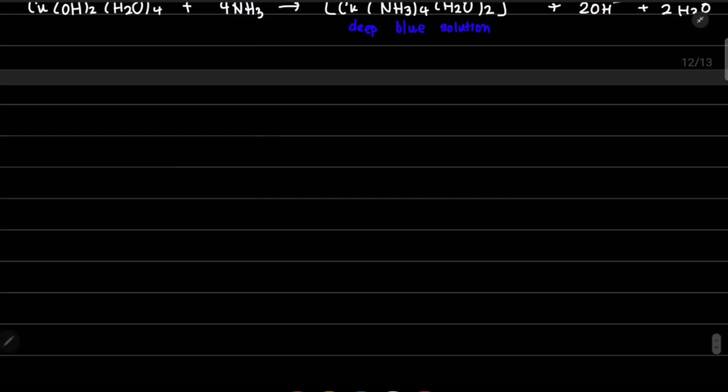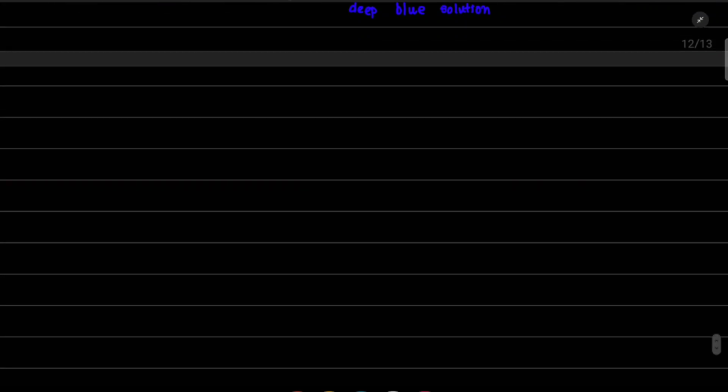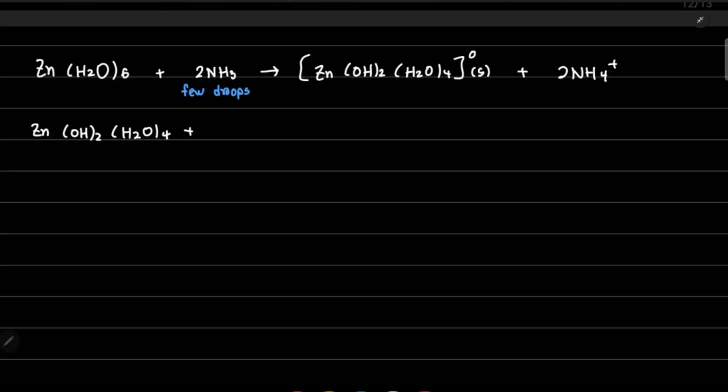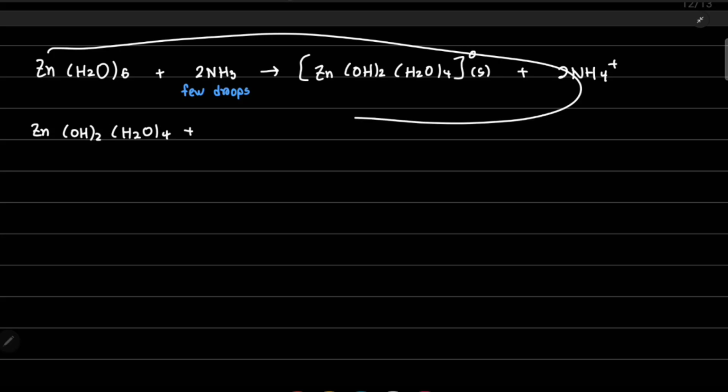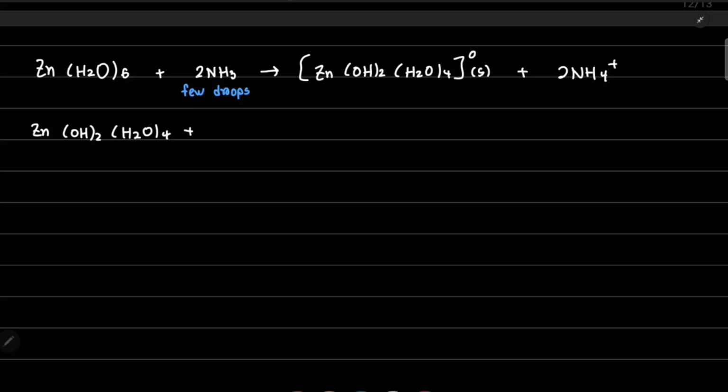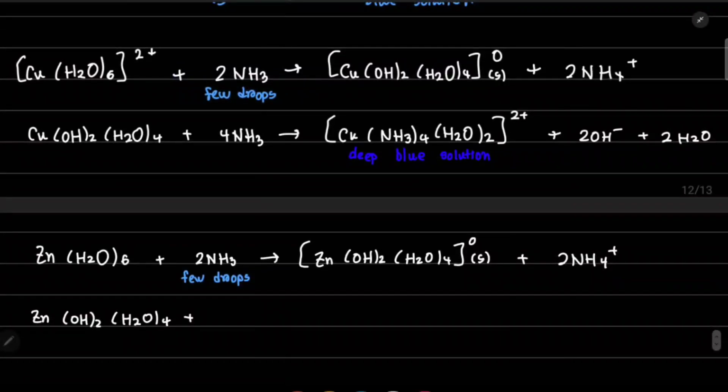Now finally we have the reaction for zinc. Zinc is pretty much the same. This case is the same for a few drops, just the ammonium different. When we have excess ammonia, we'll have a case like copper, not like the other ones.